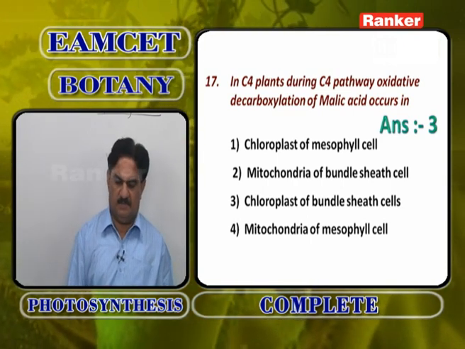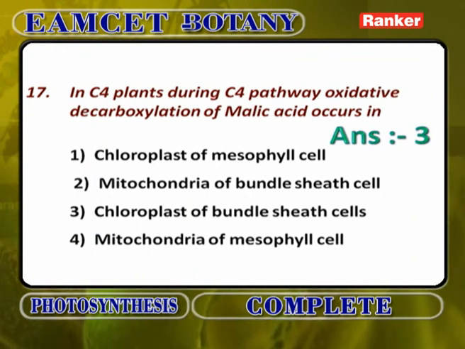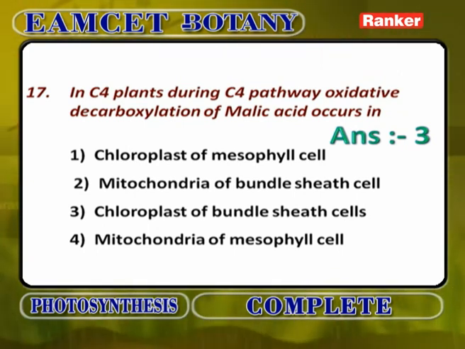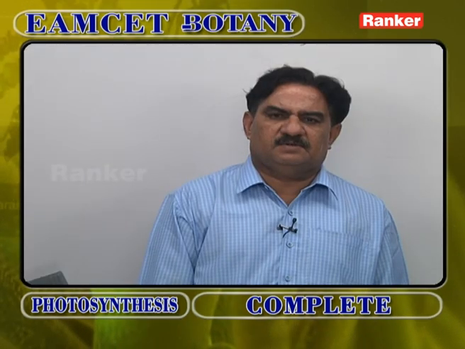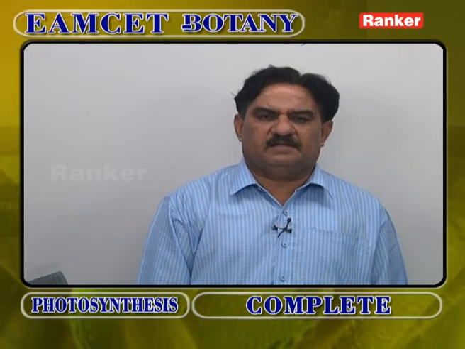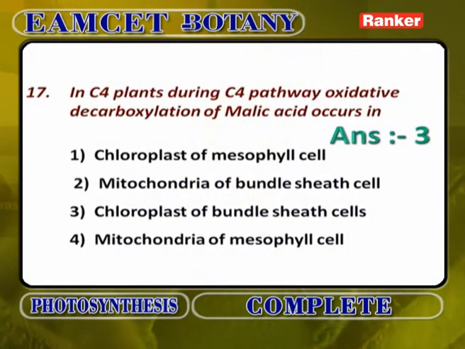The carbon dioxide liberated is taken by RuBP of the stroma matrix. The C3 cycle occurs, and glucose is formed. Pyruvic acid is formed, which again moves back to mesophyll cells, utilizes 2 ATP in the presence of pyruvate dikinase, and regenerates phosphoenol pyruvic acid.